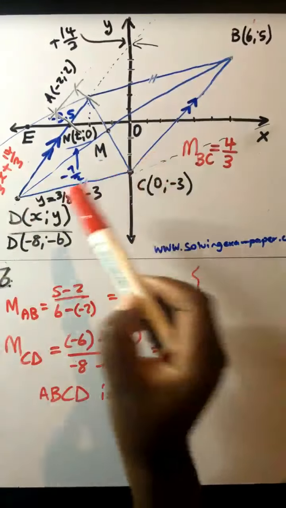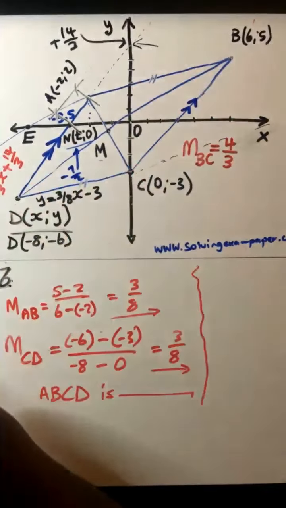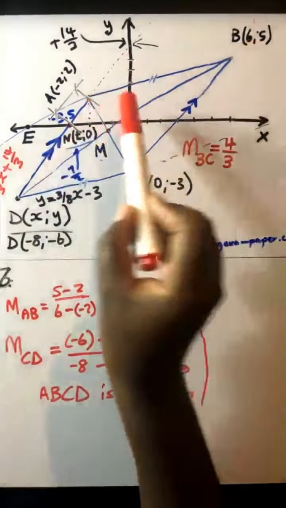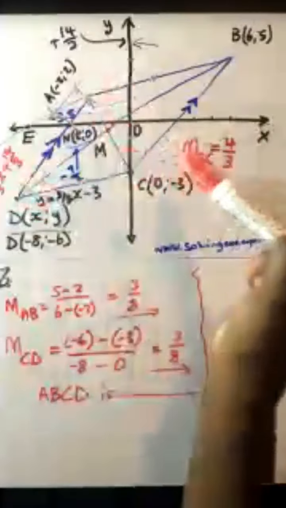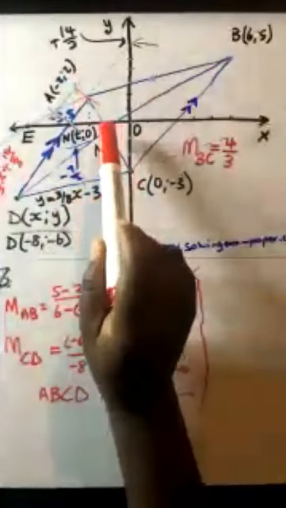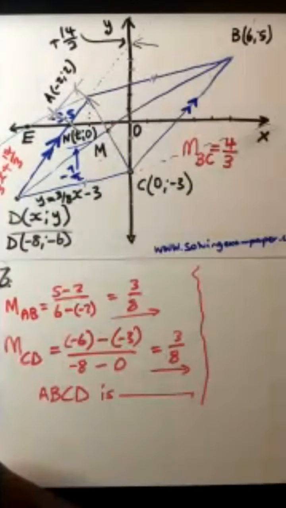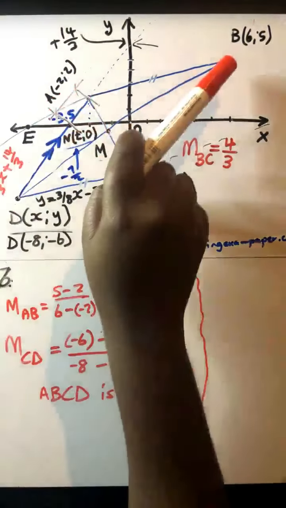It may be equal, but in this case this is the longer length and this is a bit shorter. A parallelogram simply means two lines parallel and two lines equal in length or distance. And at the intersection point, you've got the same coordinates, which is the midpoint of that line and that line.